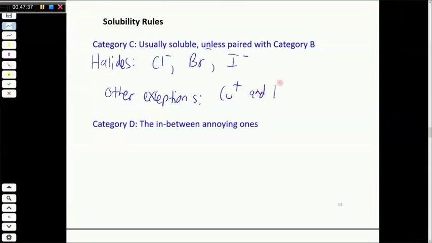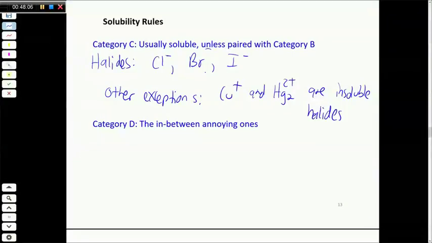And then this polyatomic mercury cation, Hg2 2 plus, mercury 1 but 2 mercury 1 bonded to each other, also gives insoluble halides. So there's more than just those exceptions, but if you see halides, Cl minus, Br minus, I minus, you can pretty safely assume they're soluble unless it's silver, lead, copper, mercury. So those 4 are sort of the exceptions to the halides being soluble.